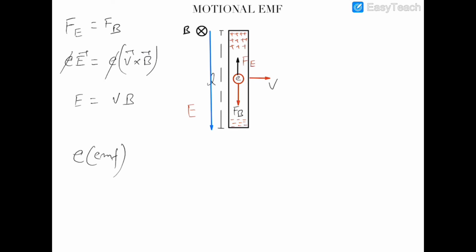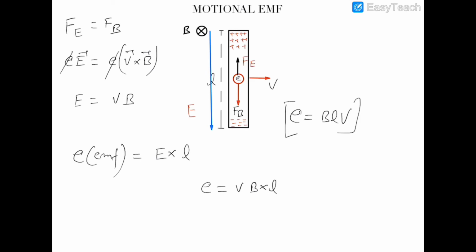So the potential difference is also equal to the electric field into the length in which this potential difference is created, L, and therefore the EMF will be equal to the electric field E, which is V into B, and the length is L. So the EMF induced in this rod due to its motion will be BLV, and this we have already calculated by method 1.